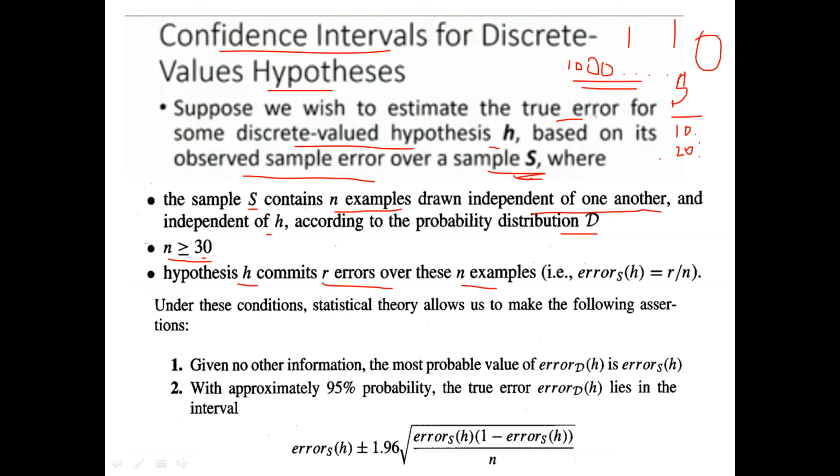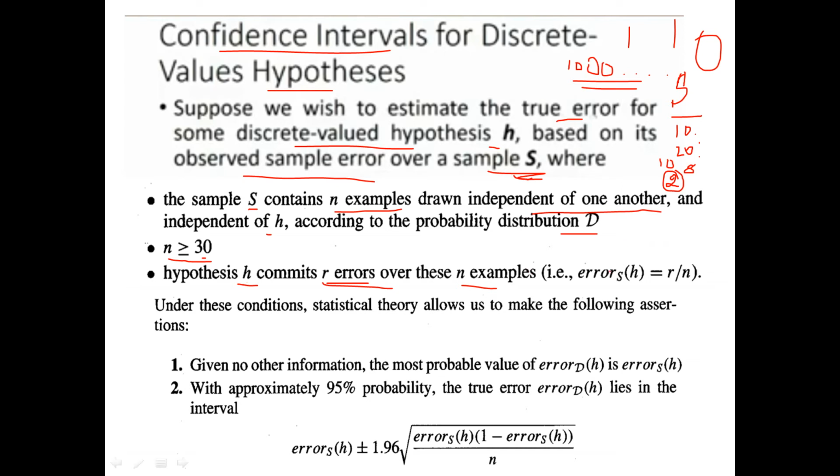Suppose you have collected 10 data examples. When classifying them, 8 are classified correctly and 2 are misclassified. So what is the error? The error is 2. This is what we call r errors, so hypothesis H commits r errors over n examples.